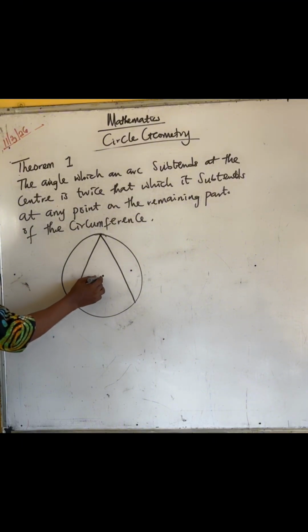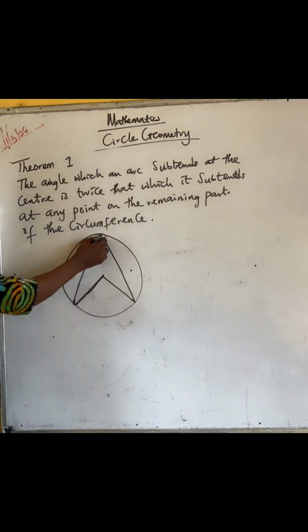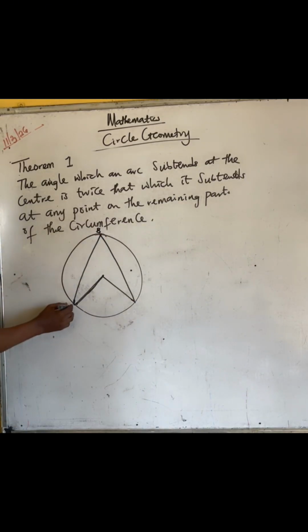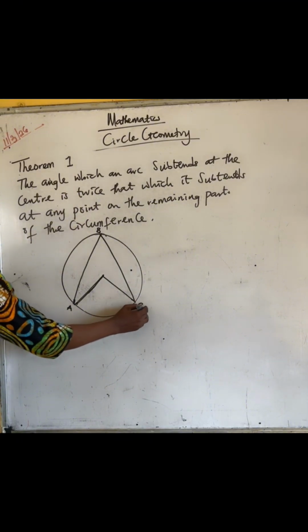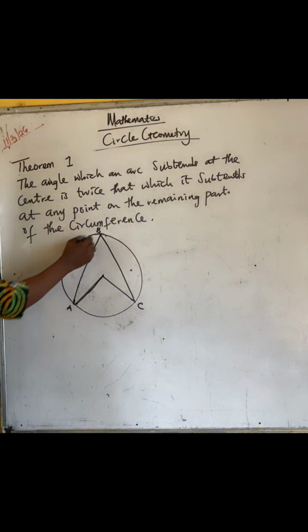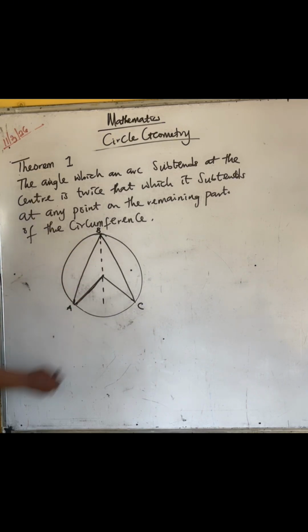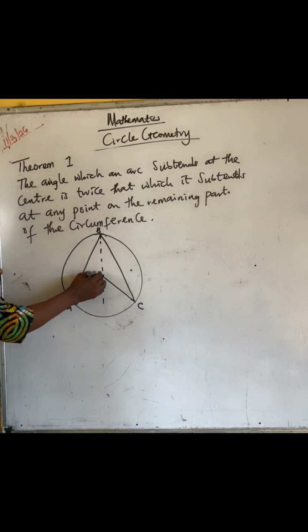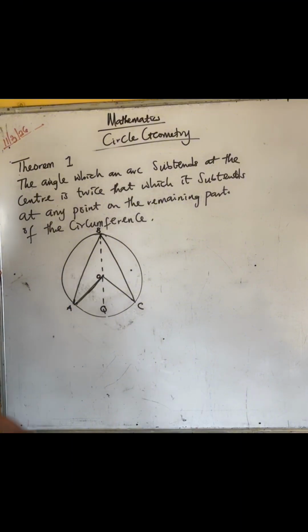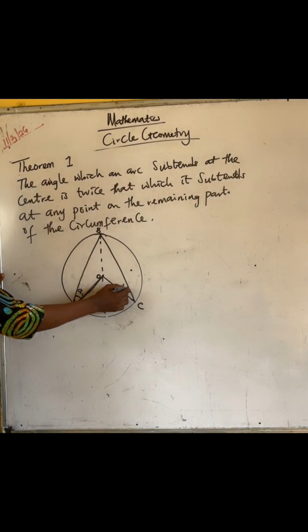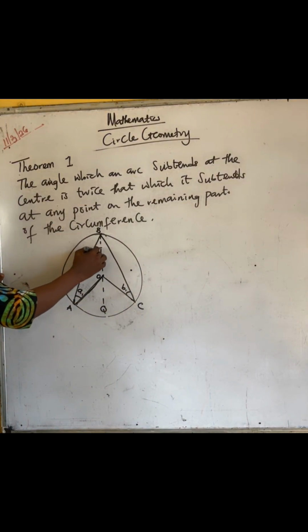So let me assume this is the center of the circle. Then I call this B, I call this A, I call this C. Then by assumption, let me assume I am drawing a perpendicular line from B to cut line O at point Q. So I label this one maybe A1, this one B1, this part A2, this part B2.